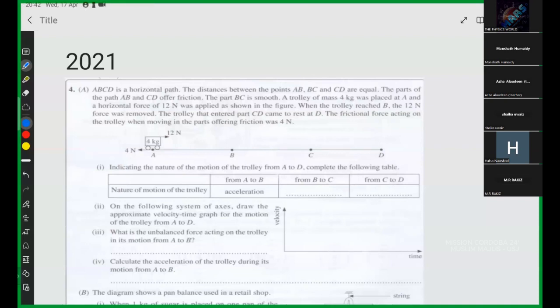Okay. This type of question, you have to read it yourself. If there's anything to mark, just mark it down. ABCD is a horizontal path. The distances between the points AB and BC are equal. So these are equal. You can just show it this way.